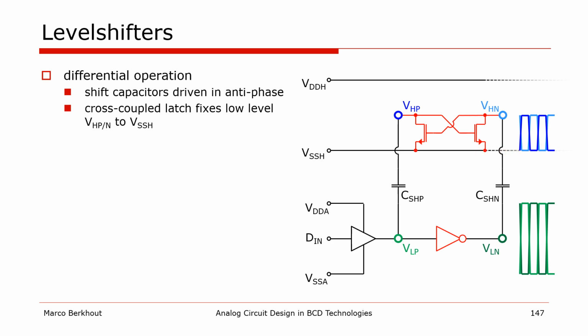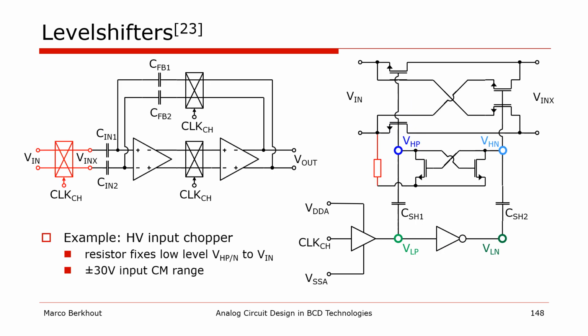This type of level shifter is popular for level shifting clock signals, such as in this example, where a differential capacitive level shifter drives the switches of a high voltage input chopper in a capacitively coupled instrumentation amplifier. The output domain voltage level is coupled to one of the input terminals, and this allows a common mode range from -30 to +30 volts.